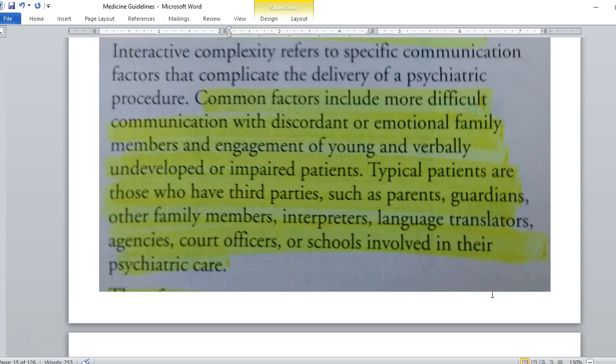Typical patients are those who have third parties such as parents, guardians, other family members, interpreters, language translators, agencies, court officers, or schools involved in their psychiatric care.